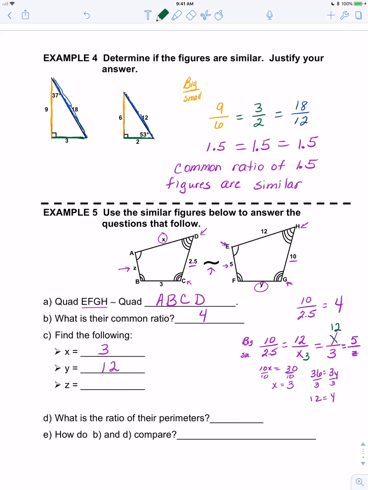So 5 times 3 is 15, and 12 times Z is 12Z. And divide both sides by 12. So that's 1.25.